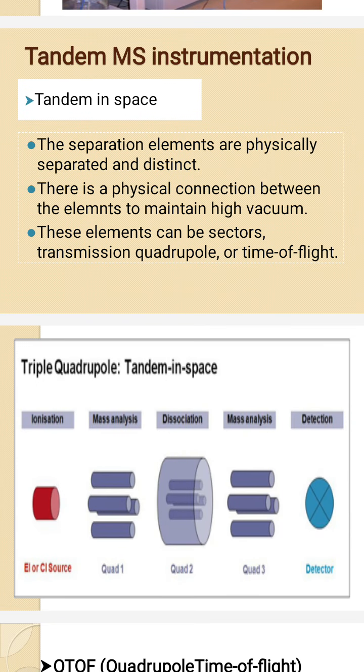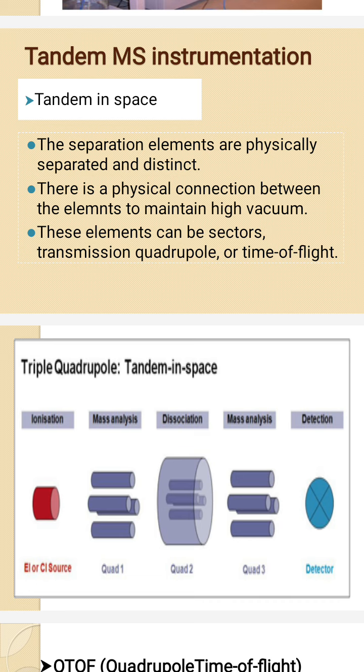Tandem MS instrumentation. Multiple stages of mass analysis separation can be accomplished with individual mass spectrometer elements separated in space, or using a single mass spectrometer with the MS step separated in time. Tandem in space.